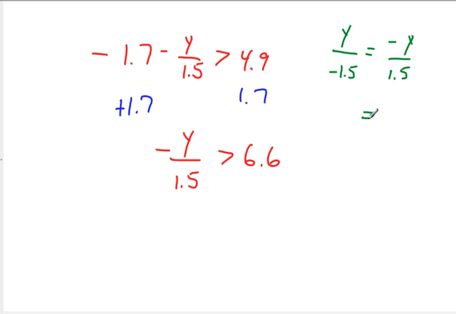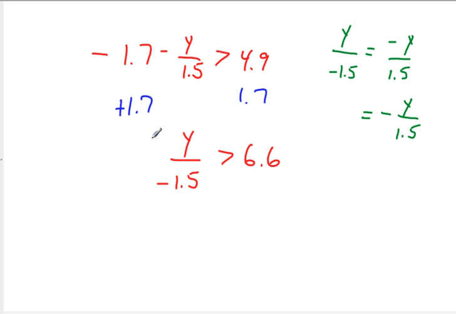You could write it as negative and the whole fraction. Okay. You cannot write a negative on top and negative on bottom because that would be positive. So in the interest of what we're trying to do here, which is get y by itself, let's just have that negative symbol on the bottom. That works just as good, and it'll speed things up by one step for us.